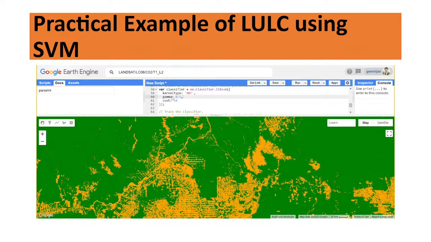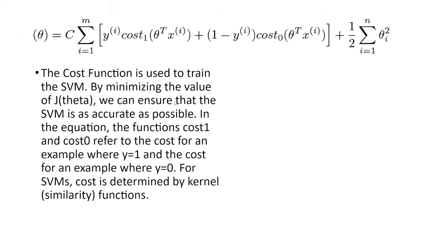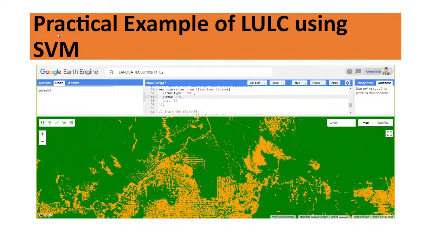It means the decision boundary from our vector distance is 0.5, and cost is 10, meaning I put the theta value as 10. Then it classifies two classes, one showing forest and the other showing the deforestation region. So this is the example of the support vector machine.